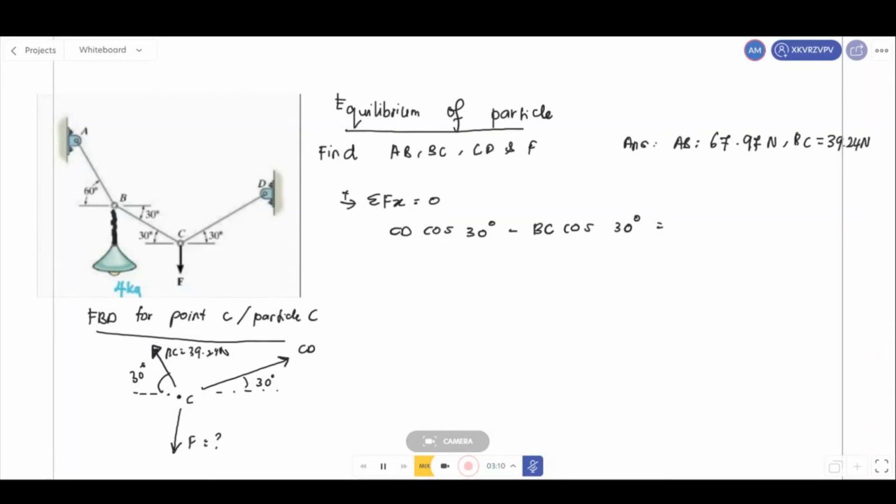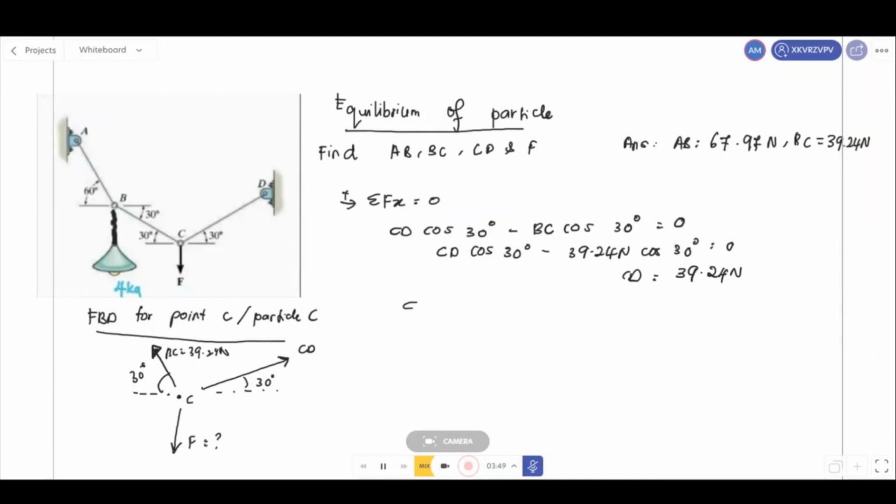F does not have an x component, so only these two. Because BC we already got earlier, which is 39.24 Newton, we have CD cos 30 degrees minus 39.24 Newton cos 30 degrees equal to 0. You get CD equal to 39.24 Newton. That's it for finding CD.